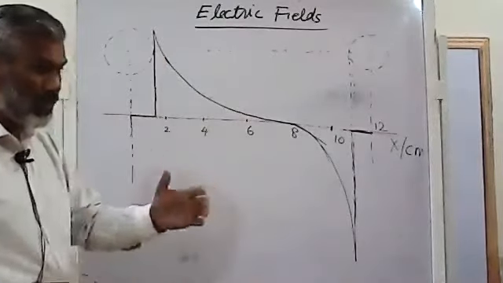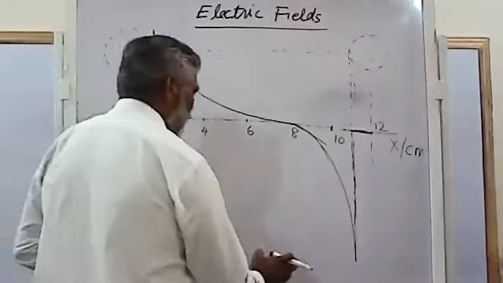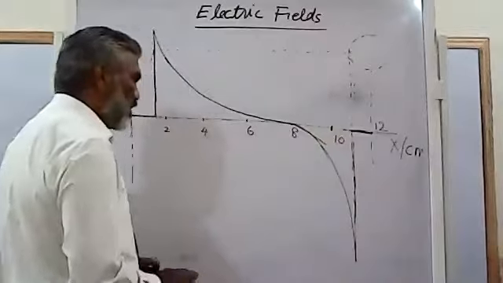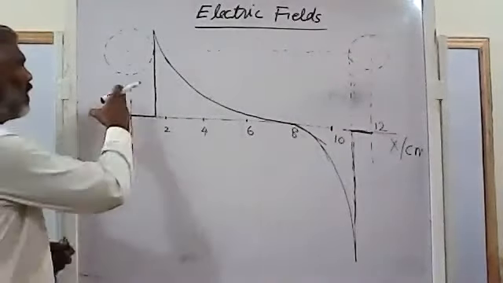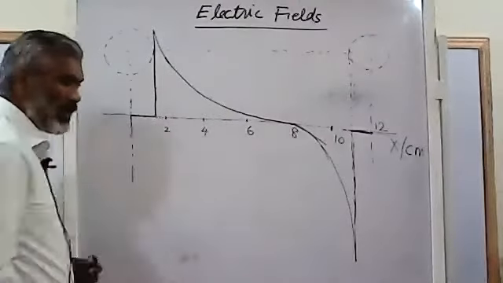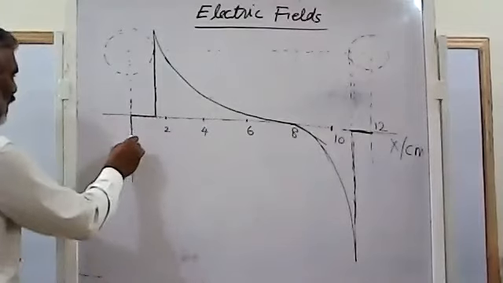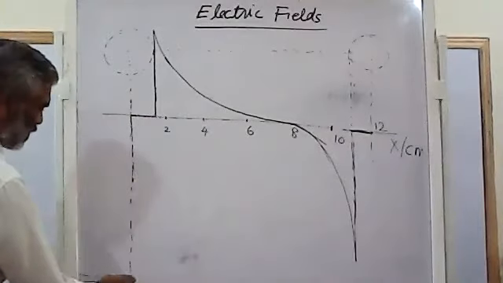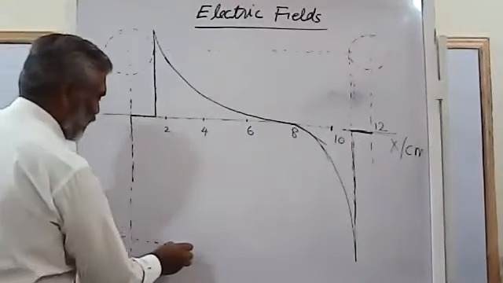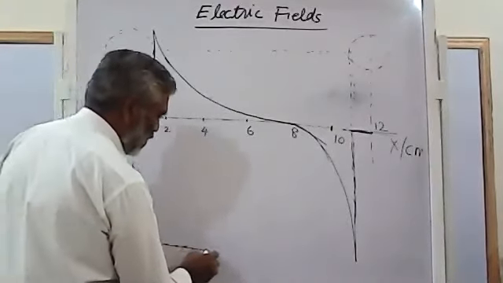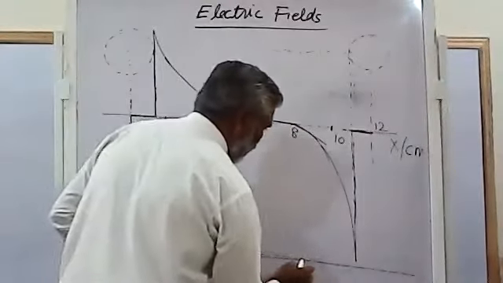And this brings us to another important idea, and that is, what if they ask us to show the variation of potential in the same space in between these two charges? Let me extend these axes and try to show you how the potential varies in between these two spheres.